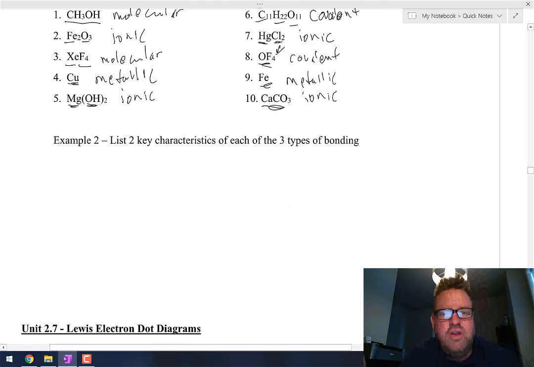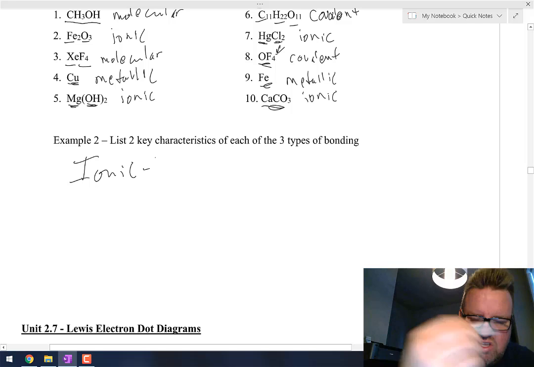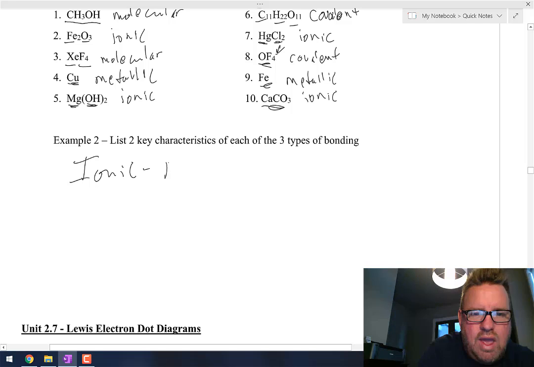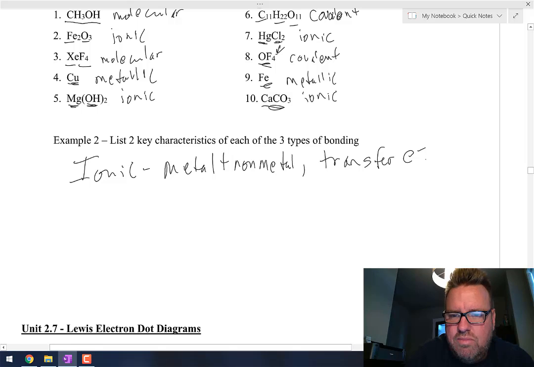Okay, list 2 characteristics of each type of bonding. So let's just list some things here. So ionic, I'm just going to list a few random things. These are things that you should know. It has to be between metal and one or more nonmetals. Another thing might be the electrons transfer between the atoms.